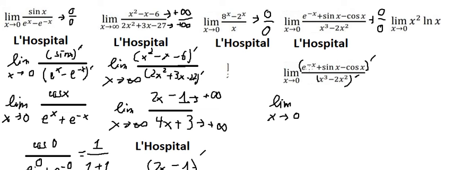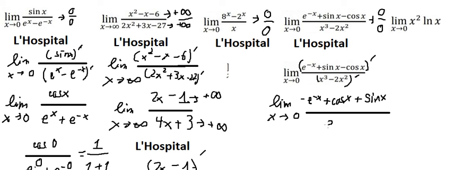The first derivative of e to the power of negative x gives negative e to the power of negative x. The first derivative of sin x gives cosine x. The first derivative of negative cosine x gives positive sin x, because the first derivative of cosine x gives negative sin x, but we have another negative sign in here, that's why you get positive. Now go to the denominator.